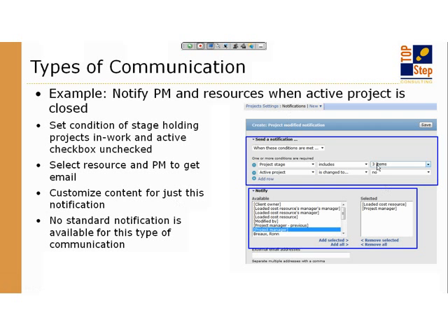So I said if the project's in one of those 3 stages and the active project checkbox has been changed to no, then I want the loaded cost resource on that project and the project manager to get an email, which of course would have custom content that would say, this project has now been closed by so-and-so person. A nice informational email that lets everyone know what the status of that job is.